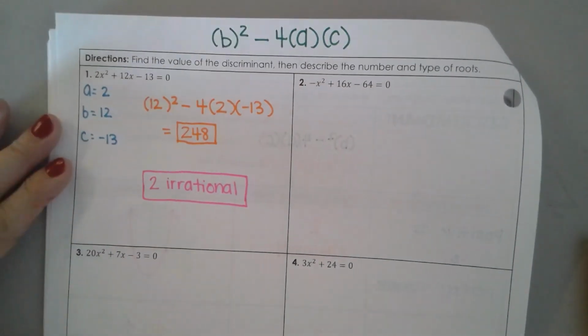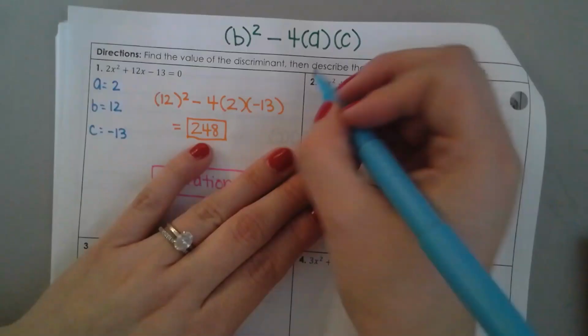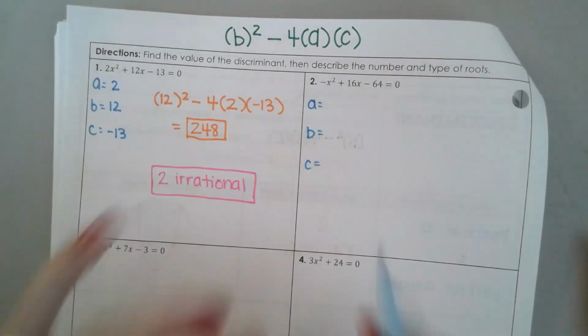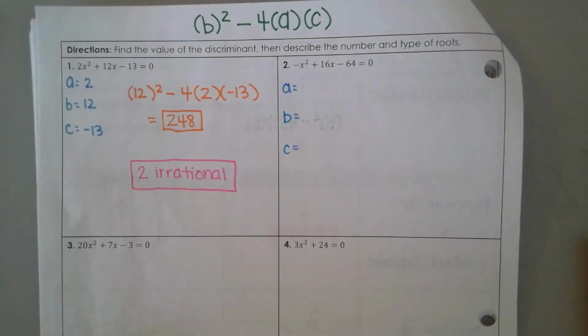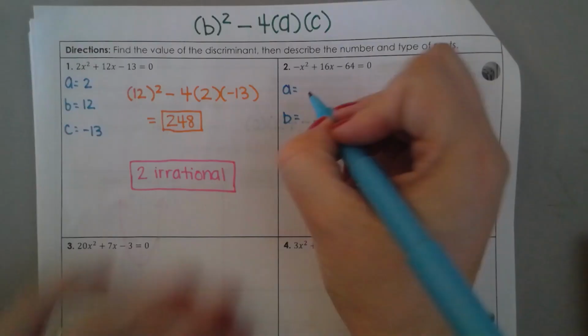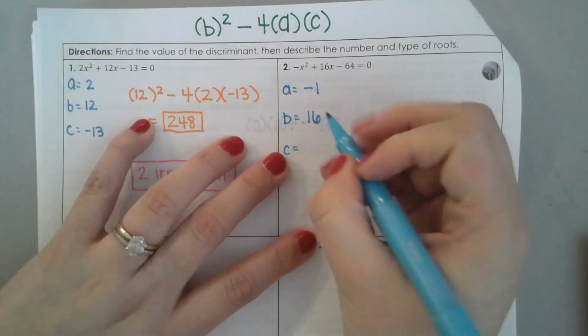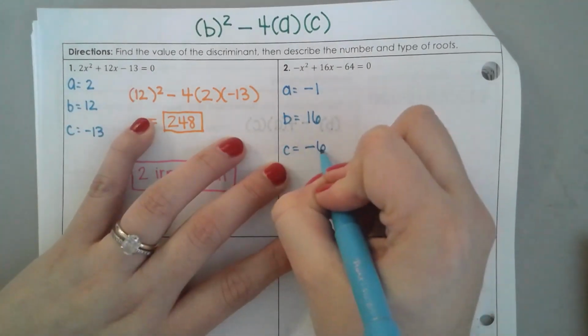Alright, number 2. List out your A, B, and C. A is -1, B is 16, and C is -64.